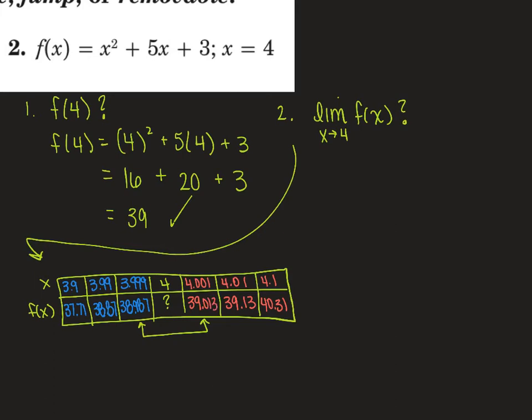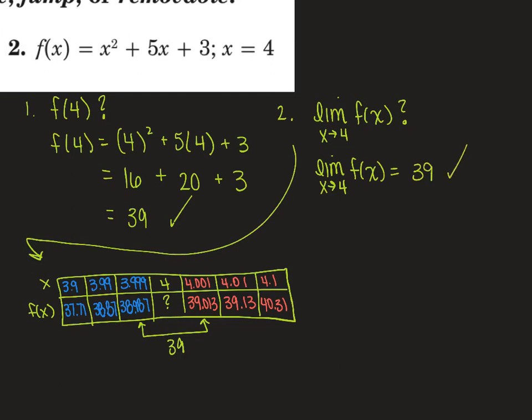All right, so this is nice, right? They're definitely both approaching the value of 39. So this is exciting. So yes, we can say that the limit as x approaches 4 of f of x equals 39, because we can see that they're both approaching the value of 39 down here. So that's our second check mark.